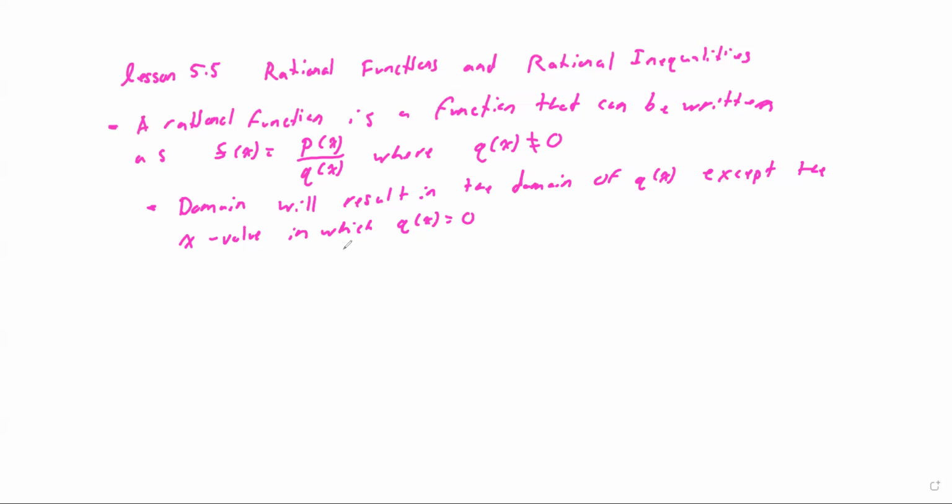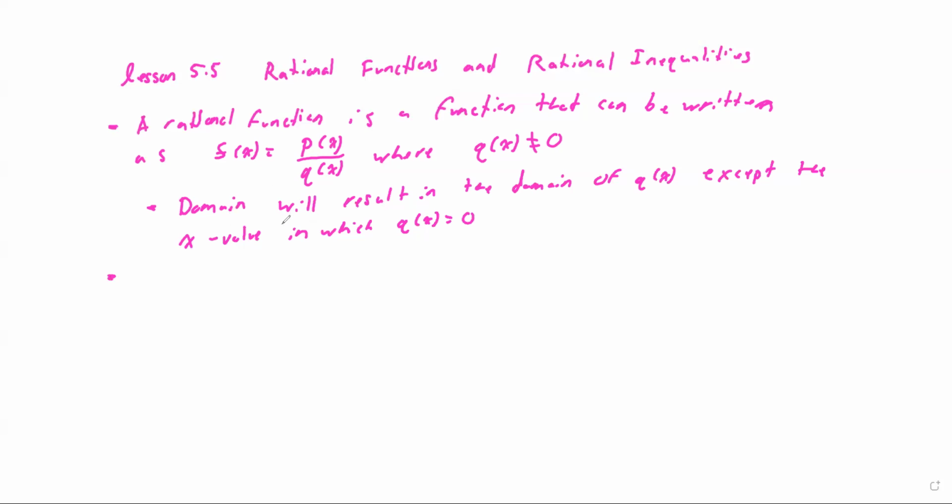So if it's a square root function, you already know the inside function can't be negative, and then it can't be zero either. If it's just a regular polynomial function, which is all real numbers, it'd be all those numbers except what makes those functions zero. Those are the only two I can really think of off the top of my head, but that's basically the restriction that you would have there.